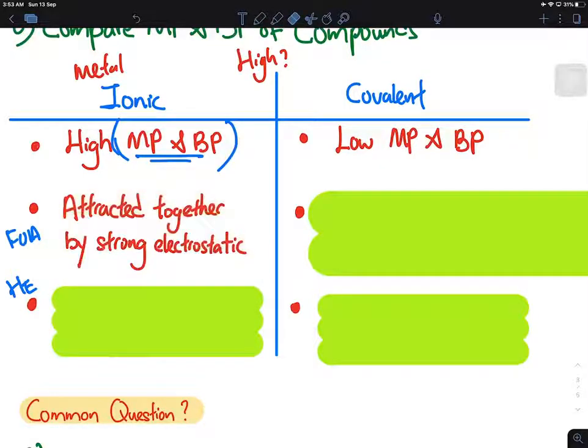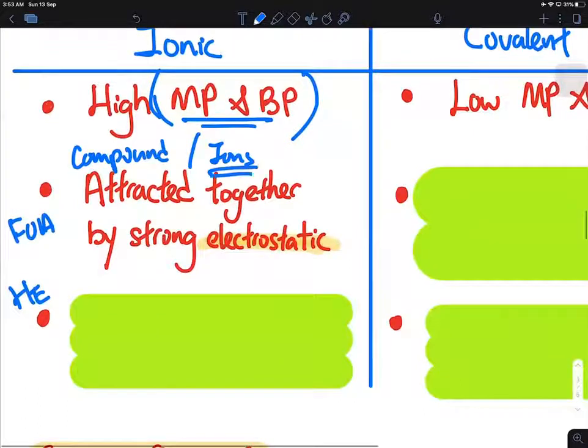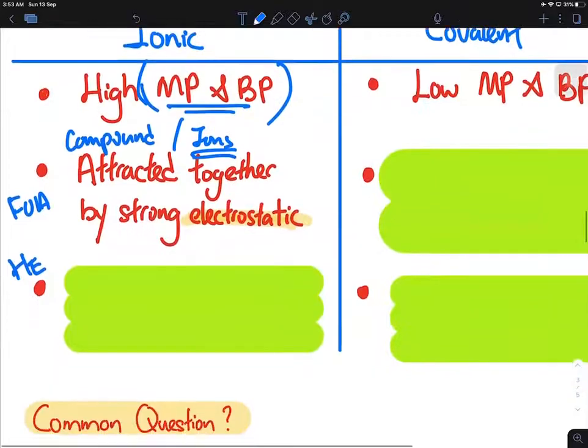It is the electrostatic force. Usually we write ions. So ions are attracted together by strong electrostatic force. So the force is called electrostatic.